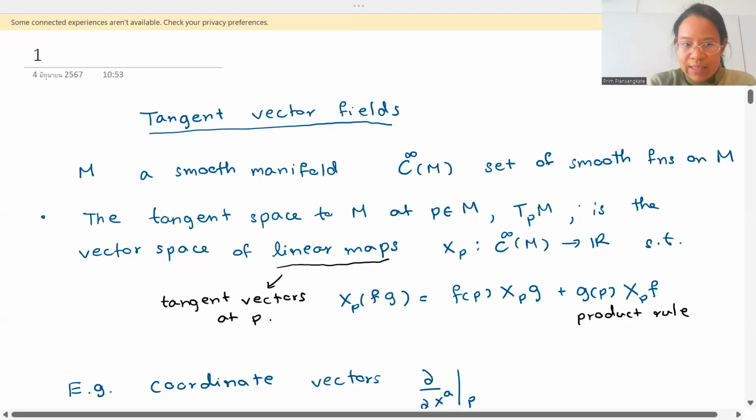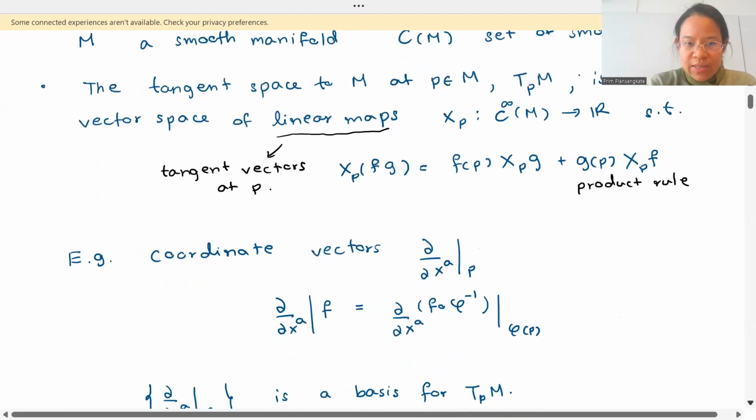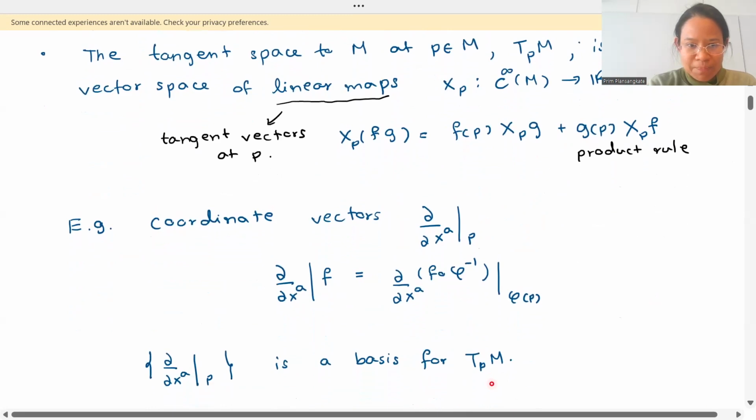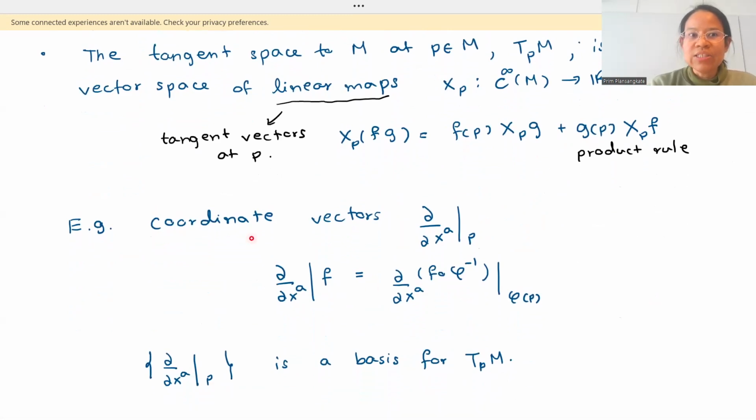Yesterday, I think we ended up here. An example of a tangent vector at a point, the one that is very popular and very useful, and we will use it later, is the coordinate vectors.